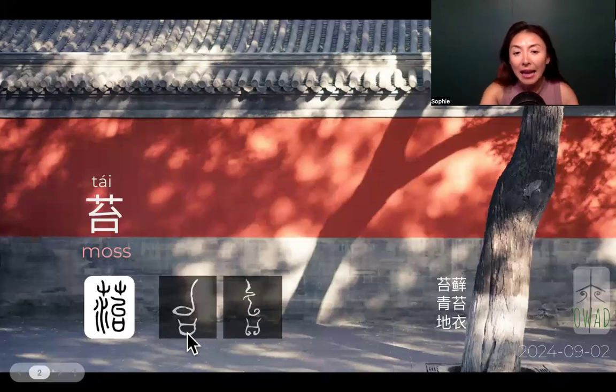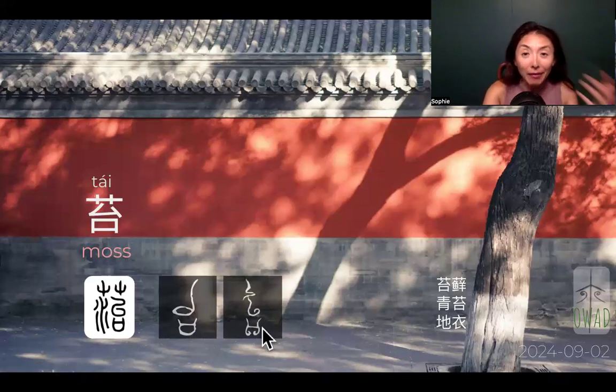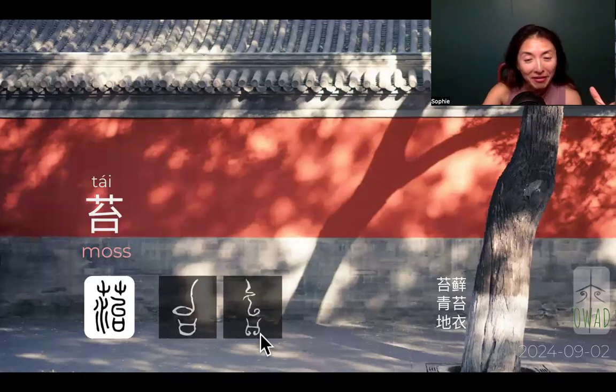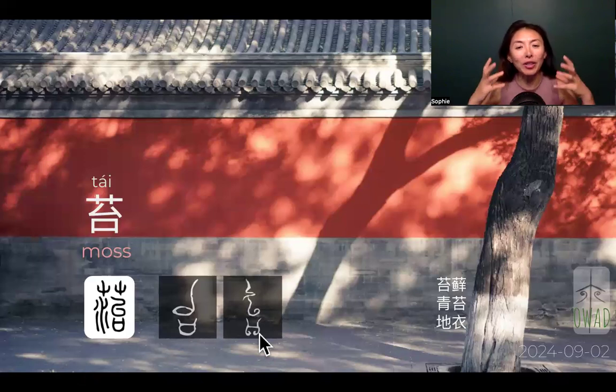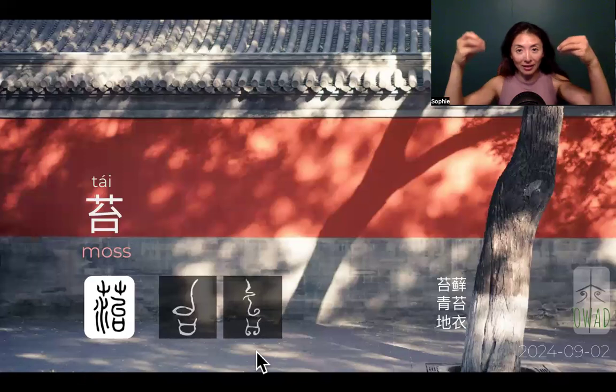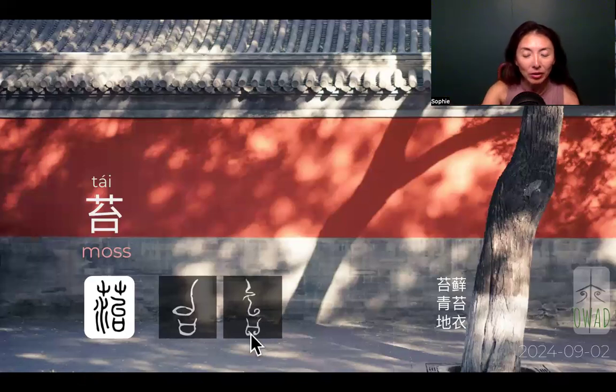But when we see even earlier character renderings, I realize it's not about the mouth, actually. It's the food container, basically the ancient soup bowl, which had two handles on the side and little feet to hold it up.